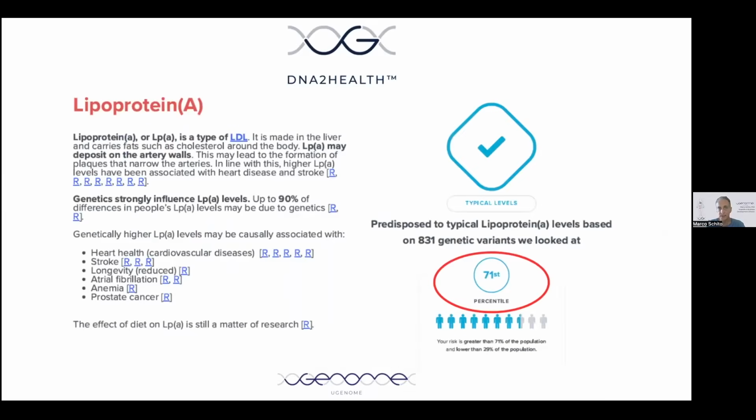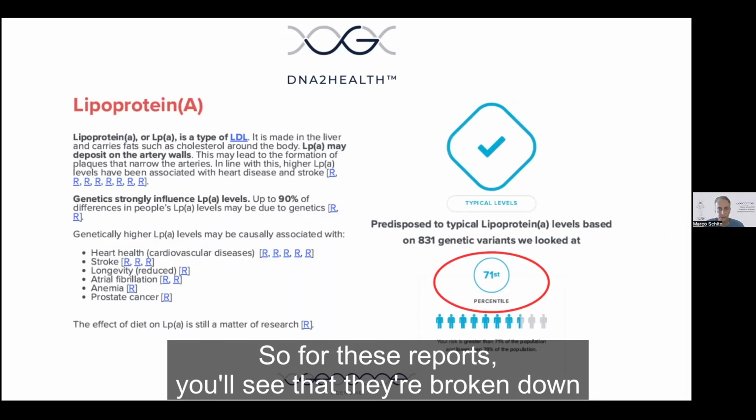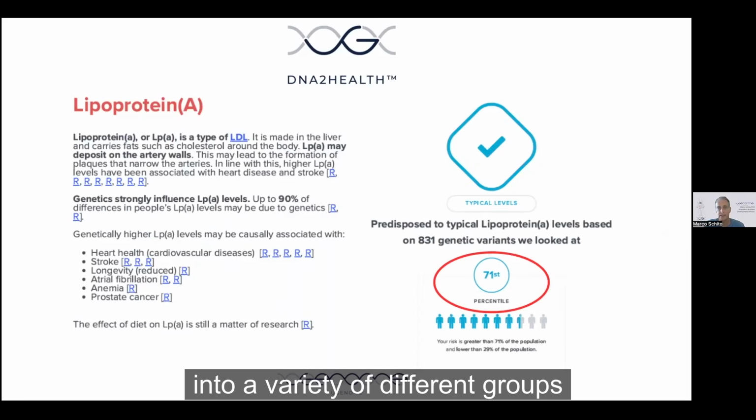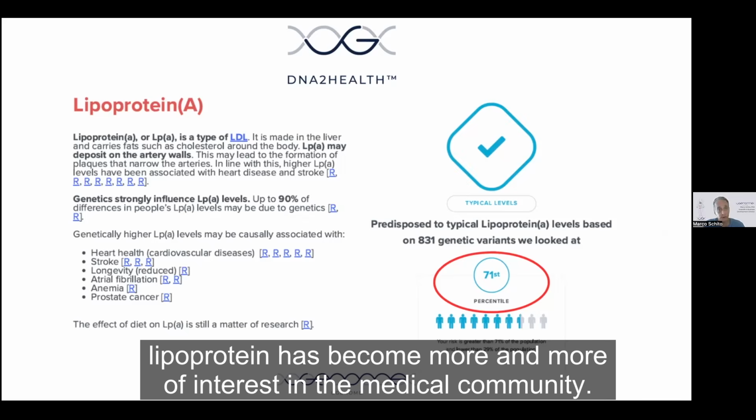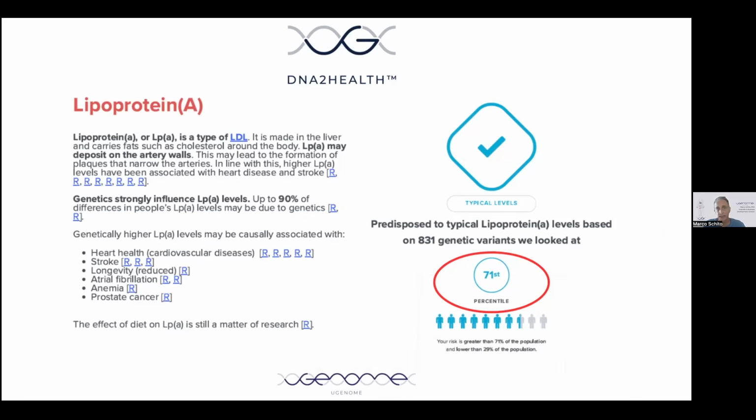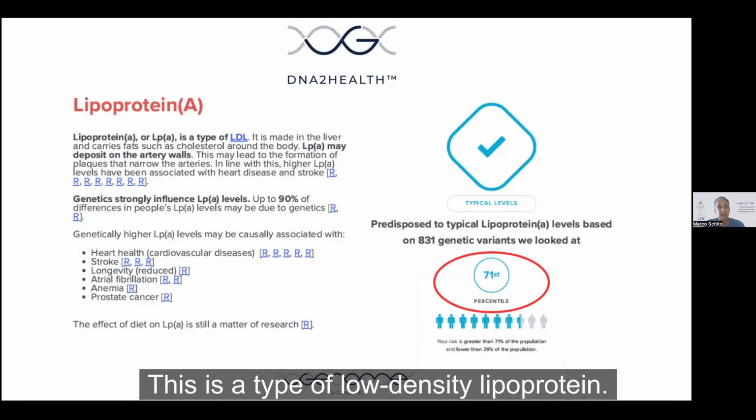analysis. So for these reports, you'll see that they're broken down into a variety of different groups based on the protein of interest. So for heart health, as many of you may know, lipoprotein A has become more and more of interest in the medical community. This is a type of low density lipoprotein.